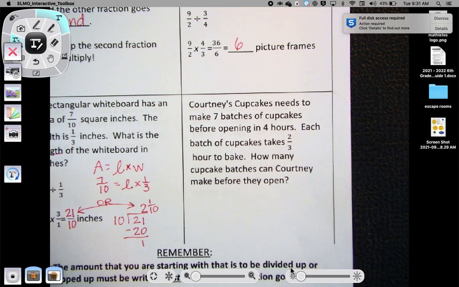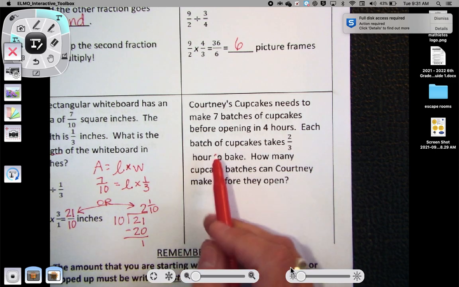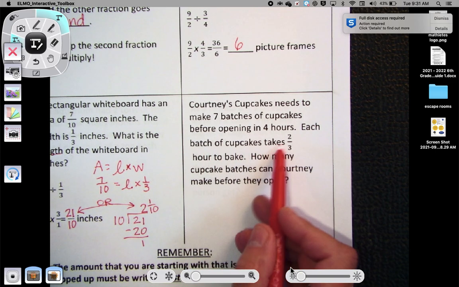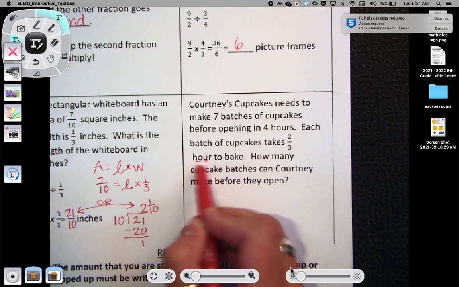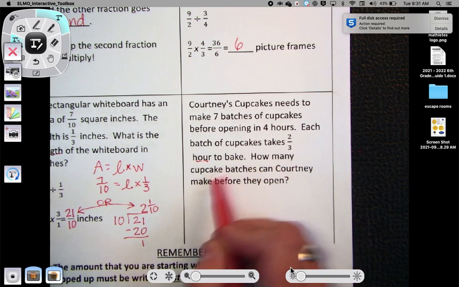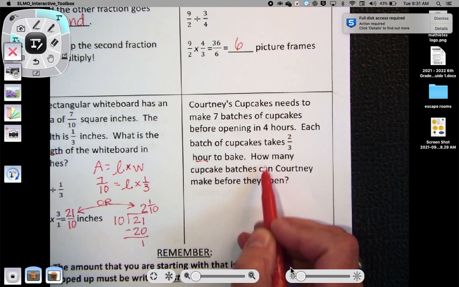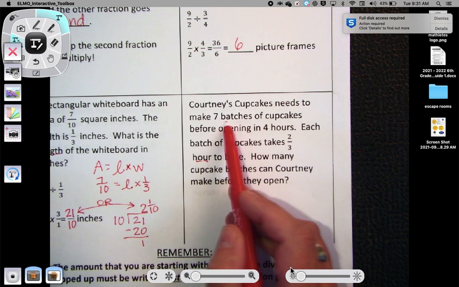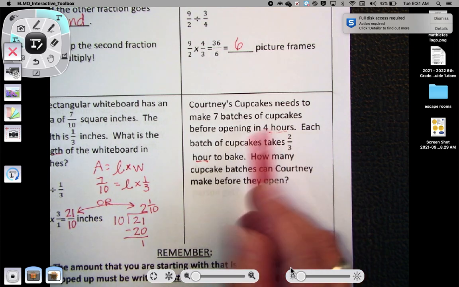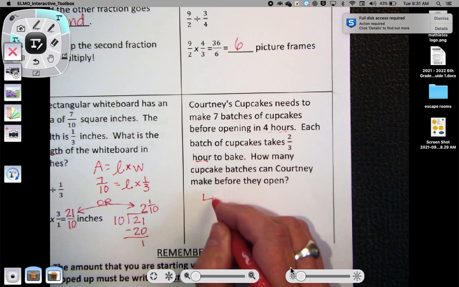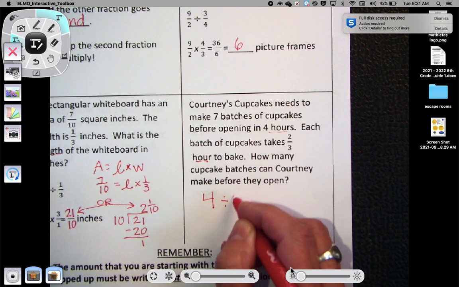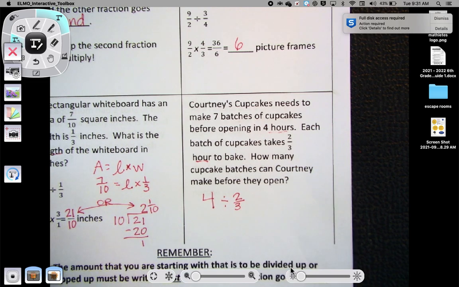Courtney's Cupcakes needs to make 7 batches of cupcakes before opening in 4 hours. Each batch of cupcakes takes 2/3 of an hour to bake. How many cupcake batches can Courtney make before they open? Okay, so we're not dividing up the batches, we're dividing up the hours. 4 hours divided by 2/3 of an hour each batch.